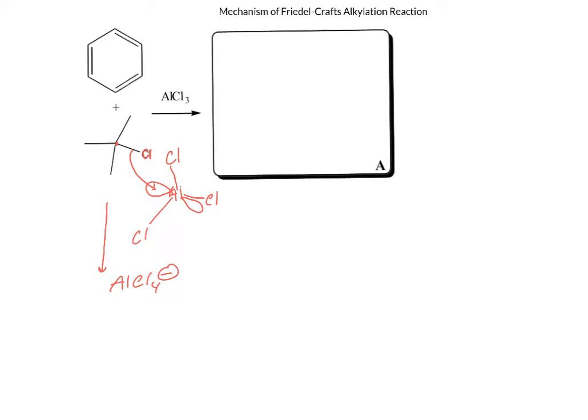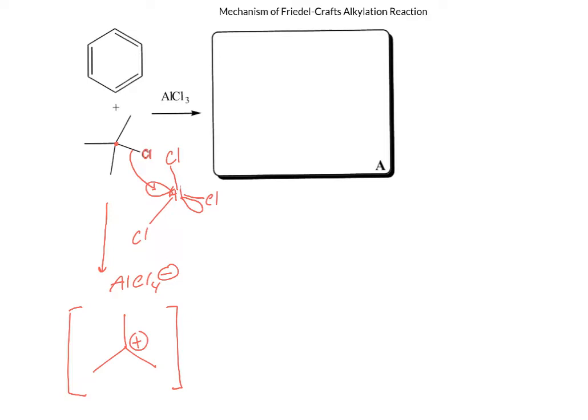After chloride is expelled, what we have left is the carbocation, and this carbocation intermediate is our active electrophile that is subsequently attacked by the benzene ring. So the carbocation is much more potent electrophile than an alkyl halide.